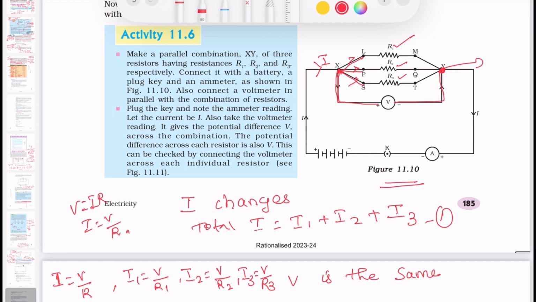When I substitute the individual values, since we are talking about the resistance in a parallel connection, I put RP in the general way. So my equation would be V over RP is equal to V over R1 plus V over R2 plus V over R3.